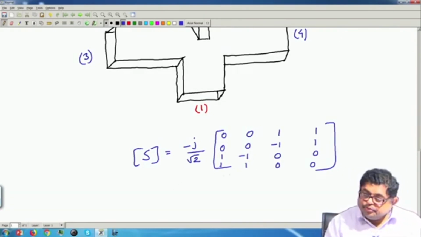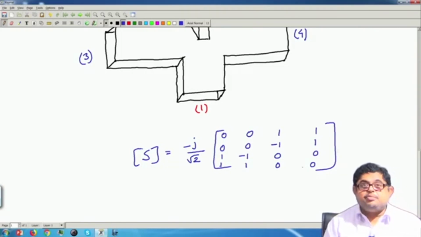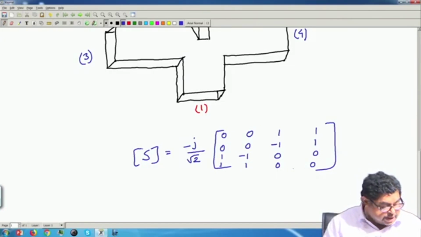So, if inputs 1 and 2 are in phase, then the S and D outputs also will be in phase. Input and output signals differ by propagation phase, but that is immaterial because relatively that does not matter.